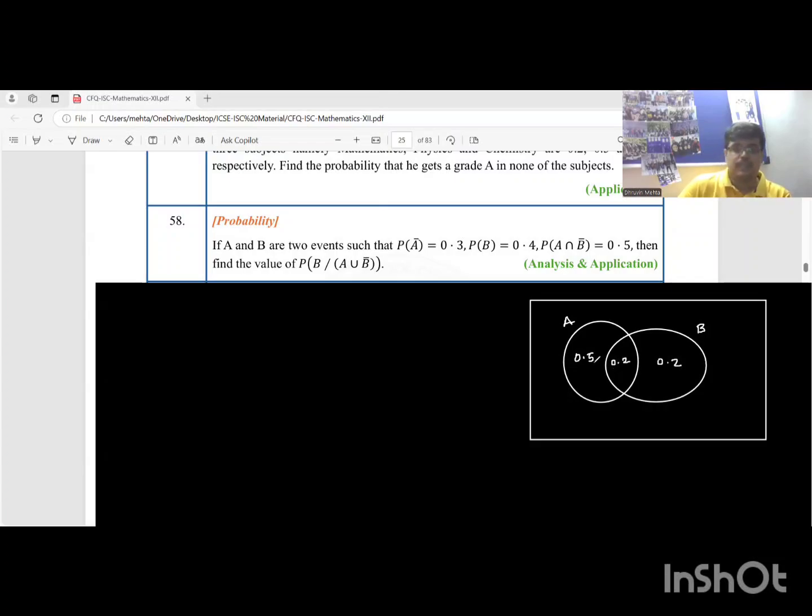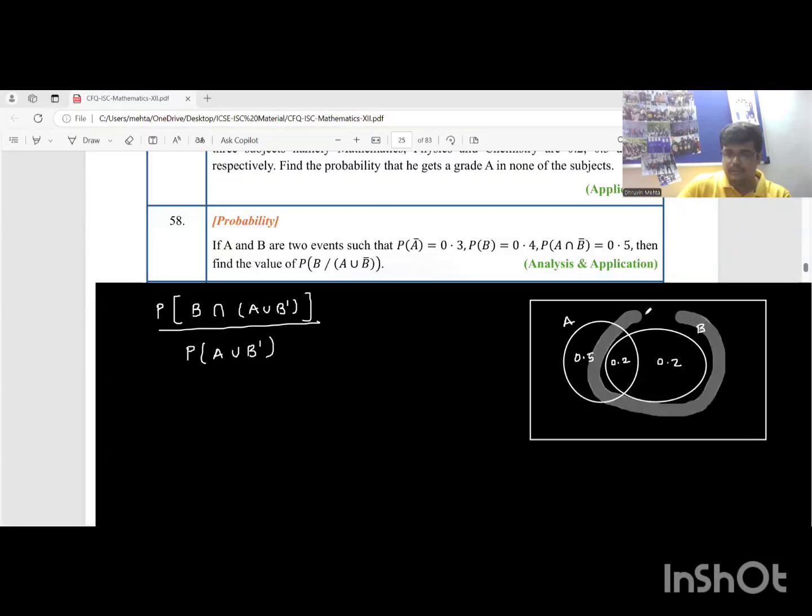Now, the formula for this is going to be P of B intersection A union B complement upon P of A union B complement. Let's understand this region from the Venn diagram. B intersection A union of B complement. Let's start with B complement, students. So what is B complement? B complement is everything other than B. So do you understand?